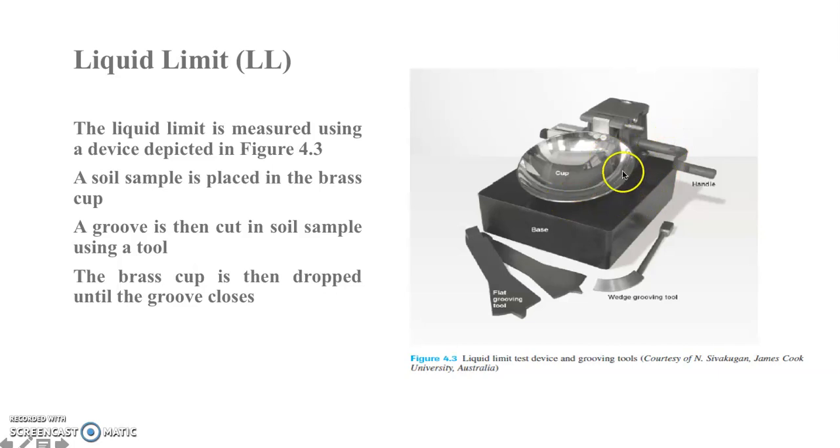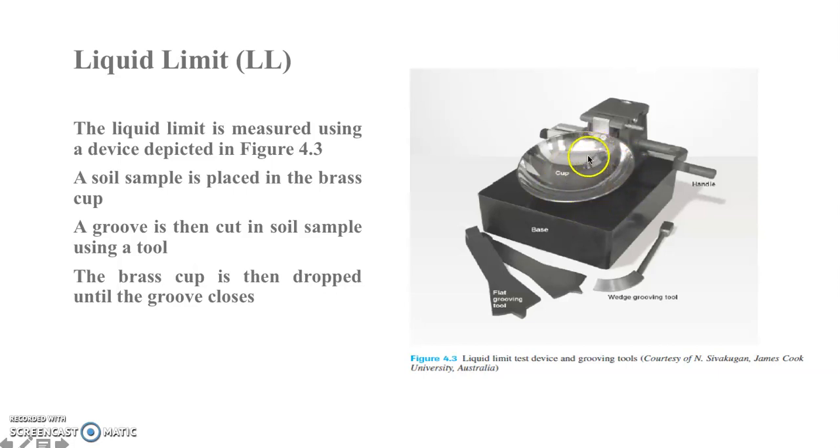You continue your revolution using the handle until the center of the sample touches each other. Then you stop and record your number of blows for that particular trial. That is considered the first trial in the laboratory experiment.